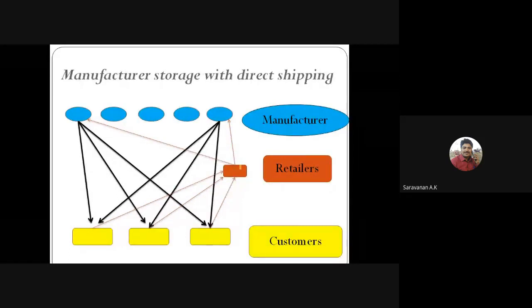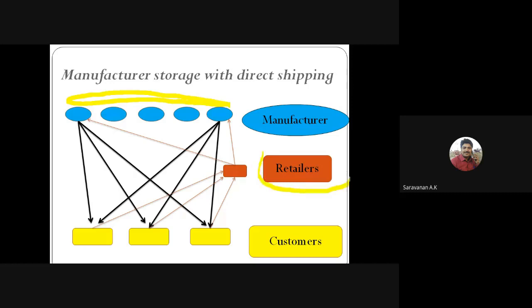Okay, fine. So here, do you see these are the manufacturers? The blue color indicates the manufacturers, and the yellow color indicates the customers. The customers place an order onto the retailer.